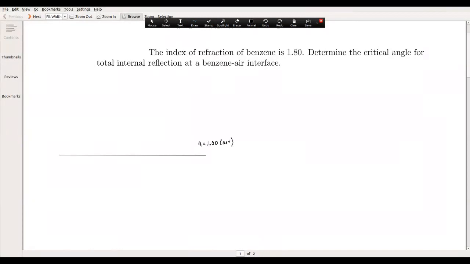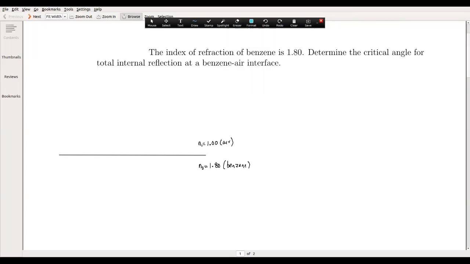On the other side of the interface, we have benzene, which has a refractive index of 1.80. 1.80 means that the speed of light in benzene is 1.8 times smaller than the speed of light in vacuum, which is basically air to three digits.